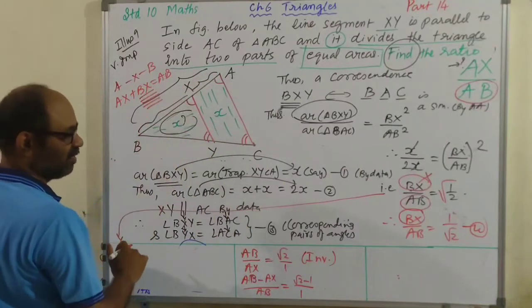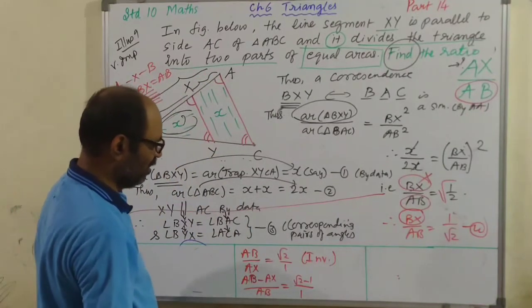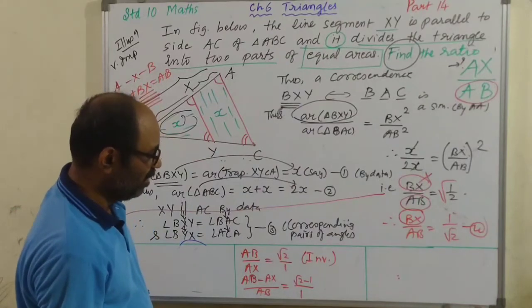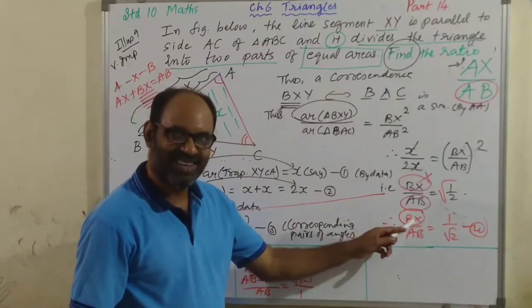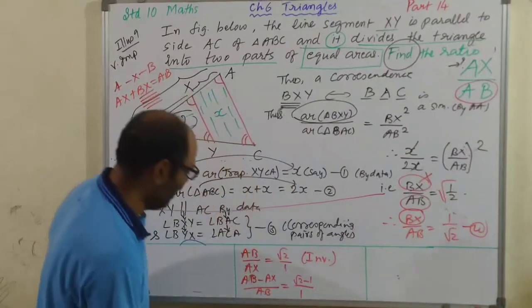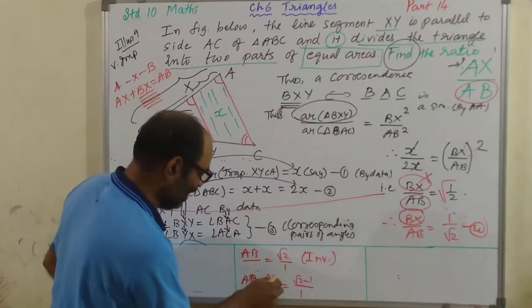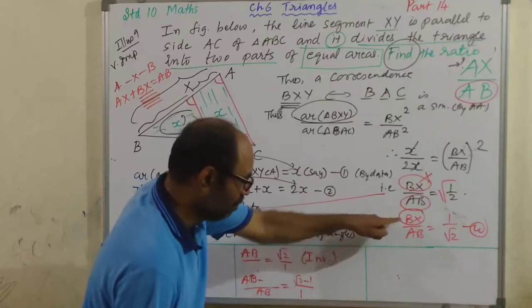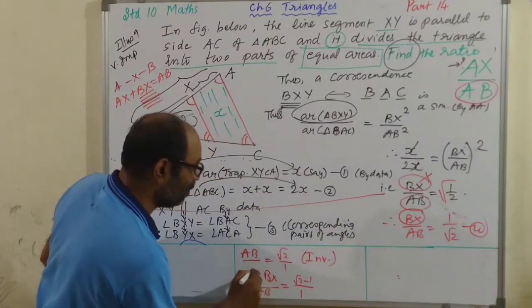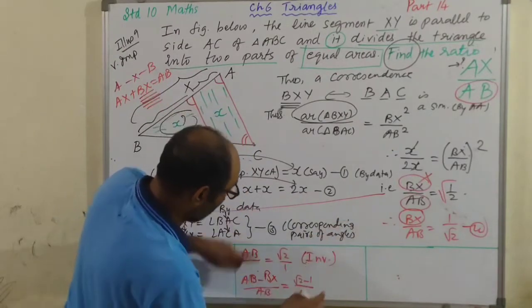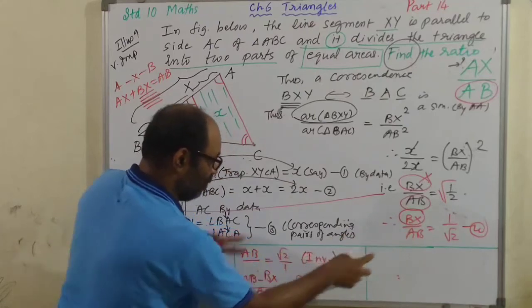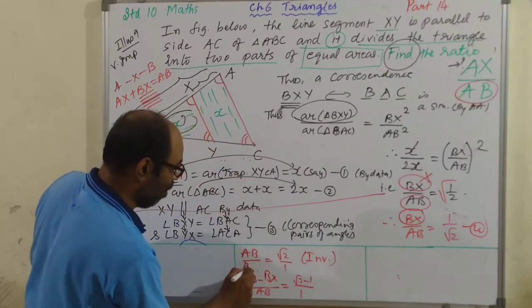It gives you BX. Hey children. I made mistake here, no? It is BX. It is BX, children. BX. See that? BX. AB minus BX. This is AB upon BX upon AB. So inverse will be AB upon BX.